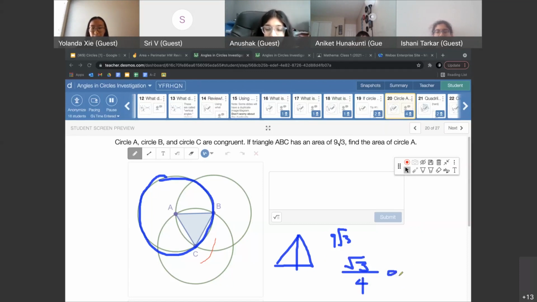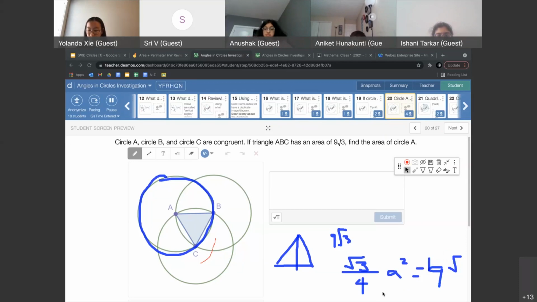Basically, the area of an equilateral triangle equals radical 3 over 4 times the side length squared. So this right here is going to equal 9 radical 3.